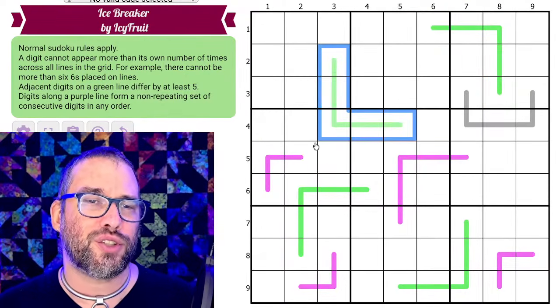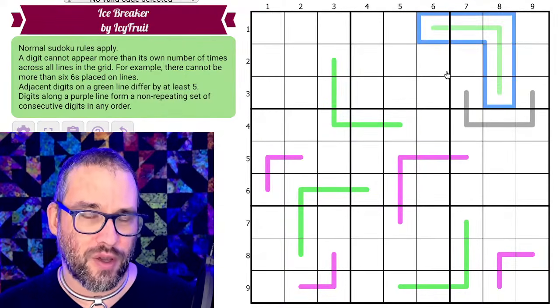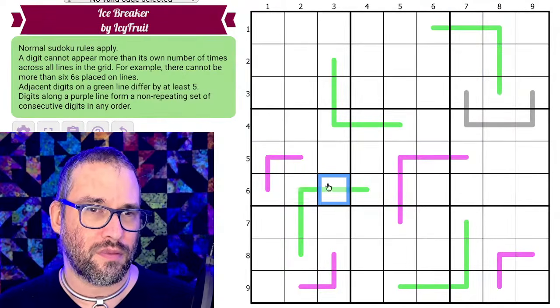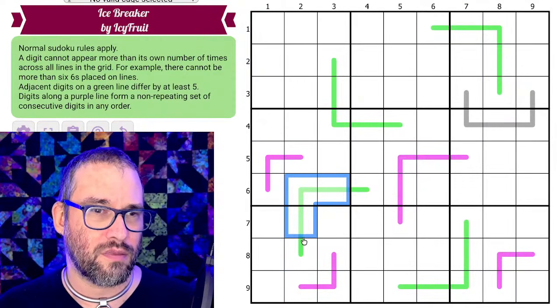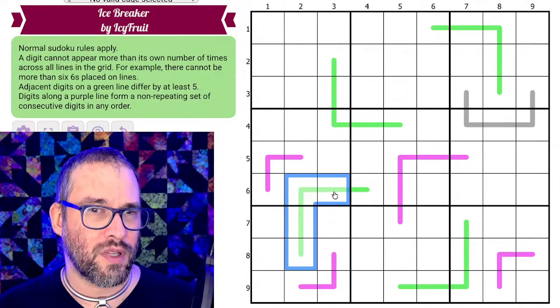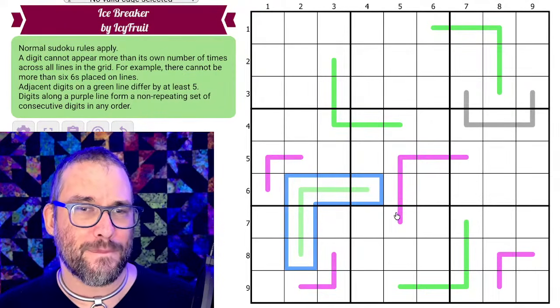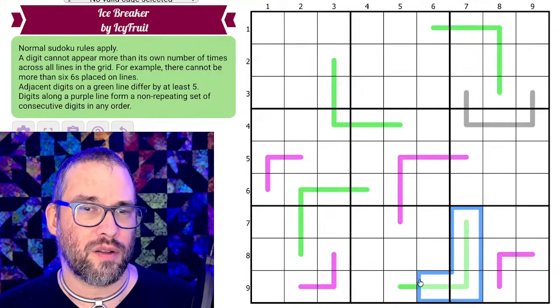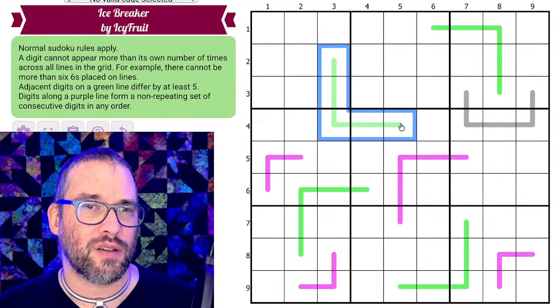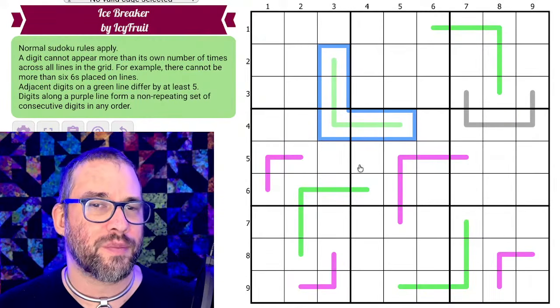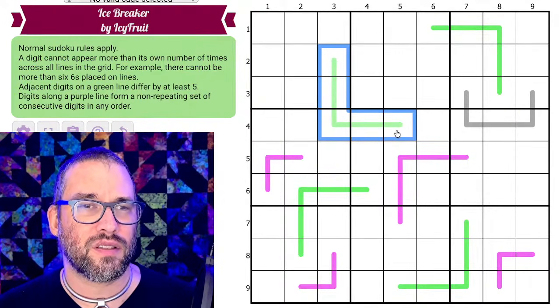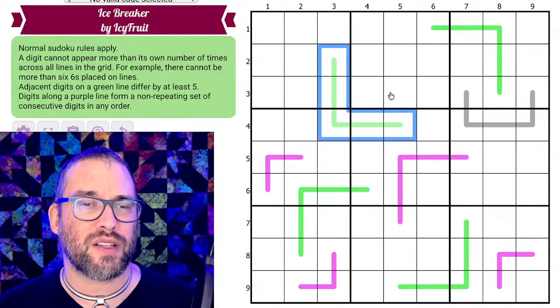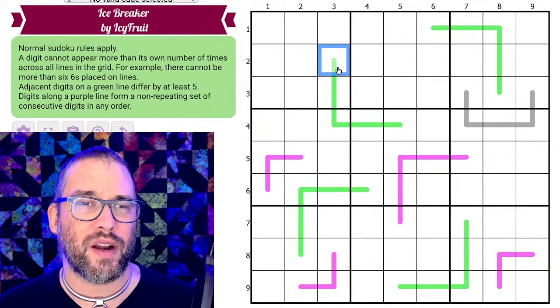And like only 2 of these lines can have 2s on them. But the other lines, if it doesn't have 2 on it, it's got to have both 3 and 4 on it.